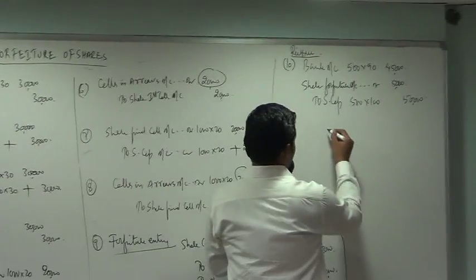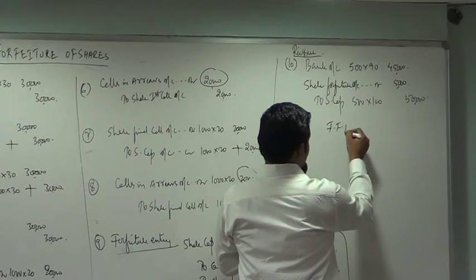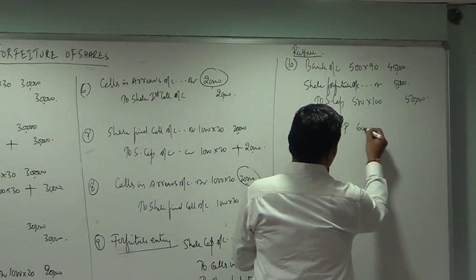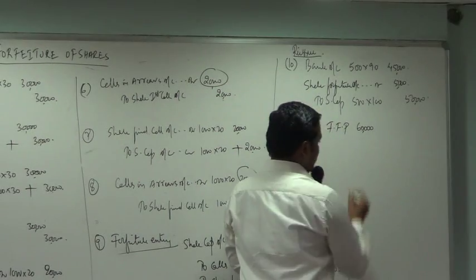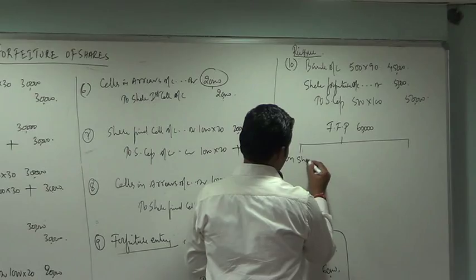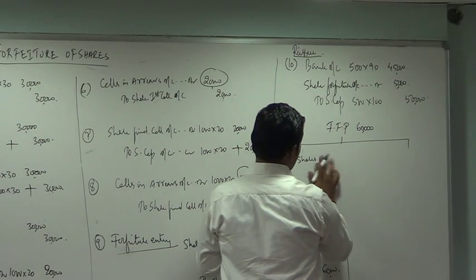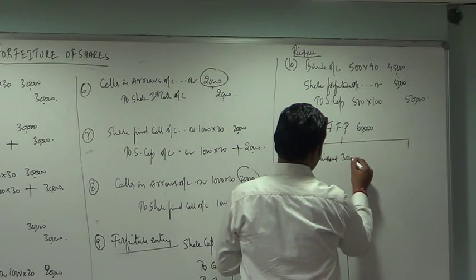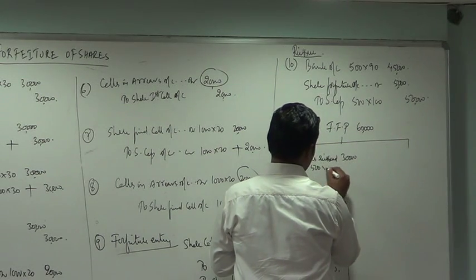So you have to prepare a small chart to find out how much should be transferred to capital reserve. Look at the board. Forfeiture profit, FF means forfeiture profit. How much? 60,000. Two parts. On shares reissued, 30,000, that is 500 into 60.